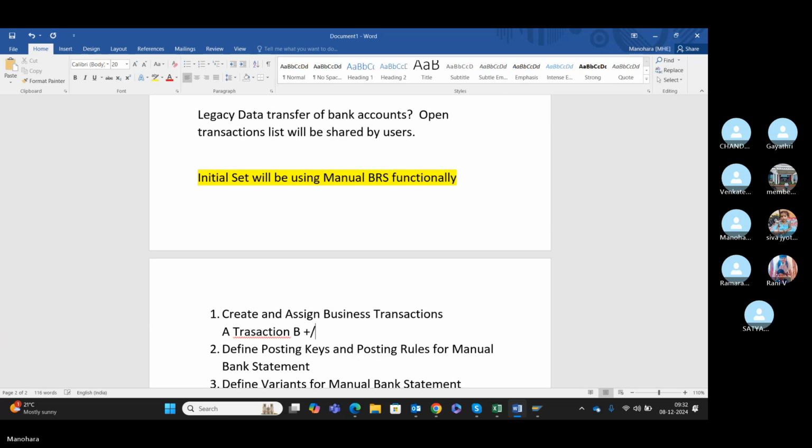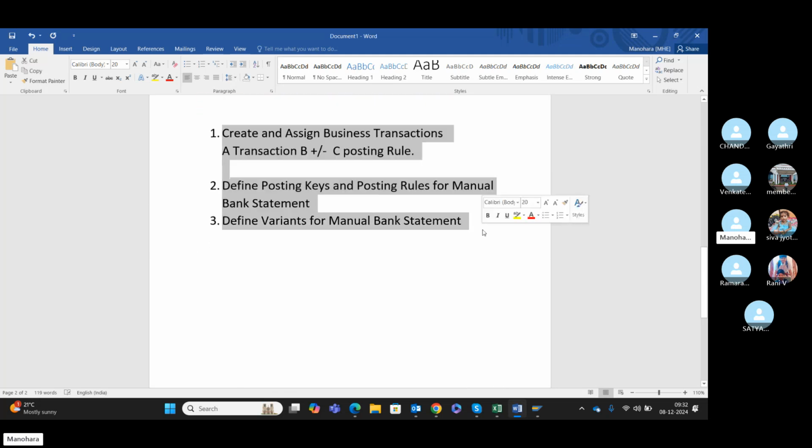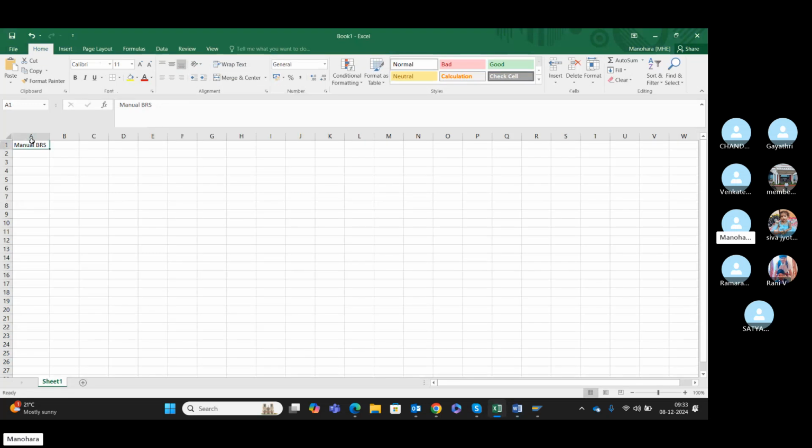The third point, C, is posting rule. Okay, this is a post point. One minute, I will make it on notepad, in an Excel sheet, so that upcoming we can understand. Here we cannot type it as a requirement.